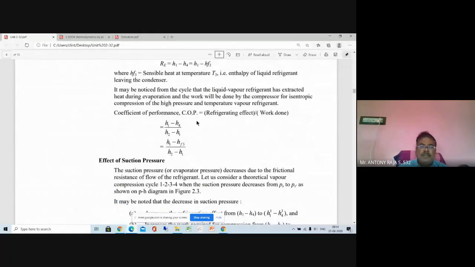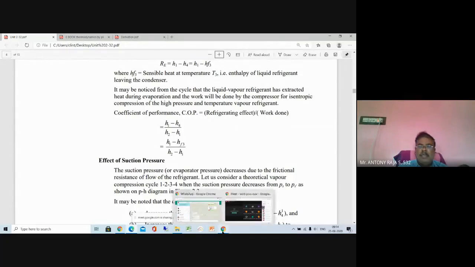Here you see that COP is equal to refrigerating effect divided by work input. So COP is directly proportional to refrigerating effect. Refrigerating effect is nothing but the amount of heat absorbed from the surrounding medium, for example food material or water. When heat absorption is higher, its enthalpy increases, and in such a case COP will be larger.